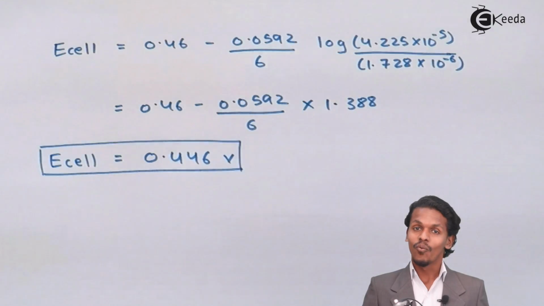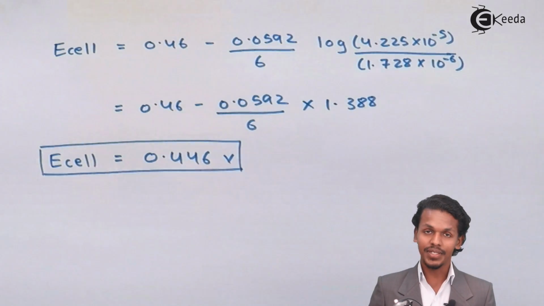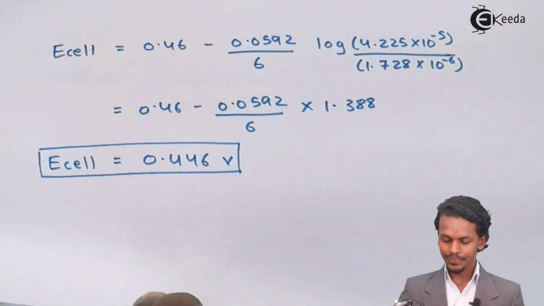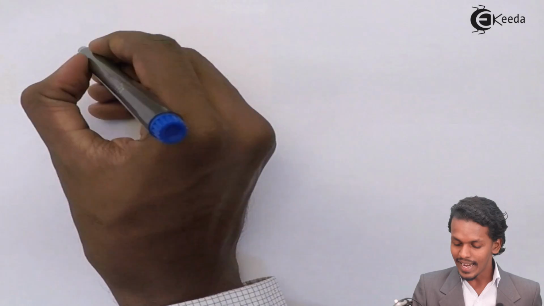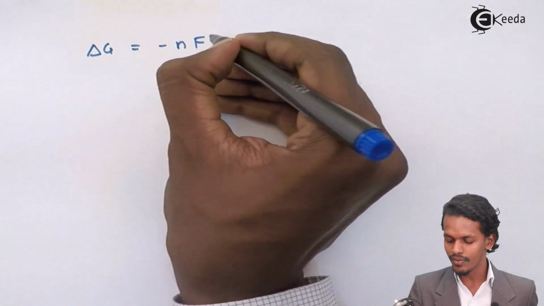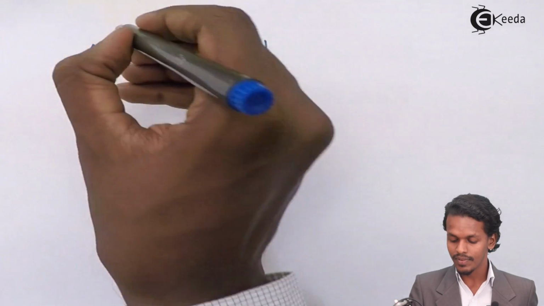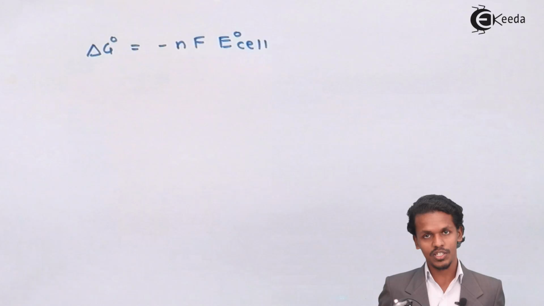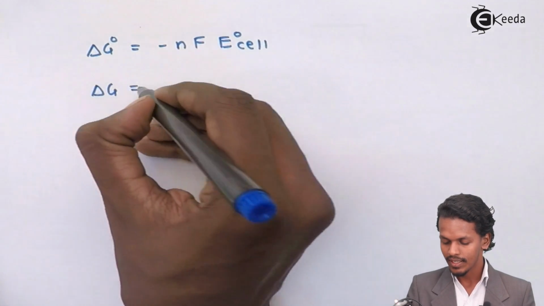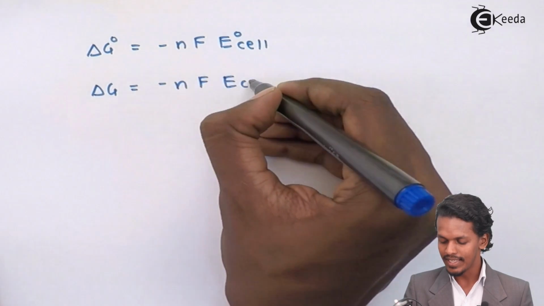So let us see the relation between delta G, that is Gibbs free energy change, and the E cell. We know that delta G has a formula of minus nF of E naught cell if delta G naught is asked, and for delta G it would be minus nF of E cell.